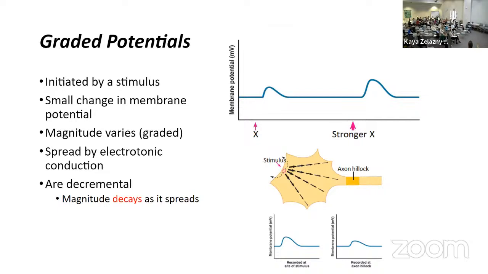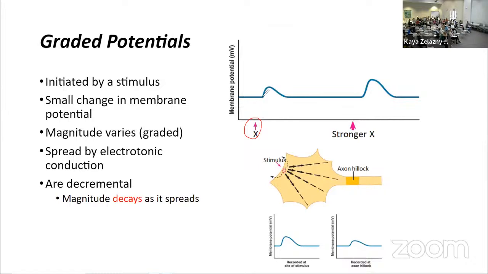In this picture, it's showing part of the soma, but you might think it's coming in down a dendrite too. It's going to create a little bit of a change right where that stimulus struck us. So here we see a stimulus creating a little change in that membrane potential.